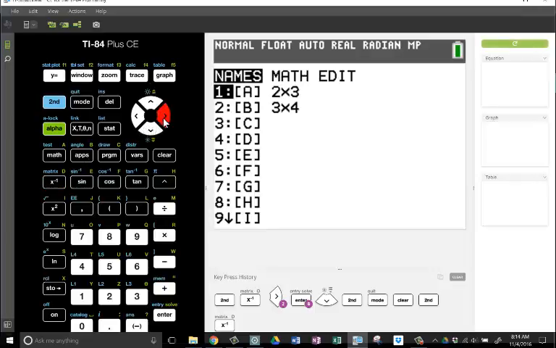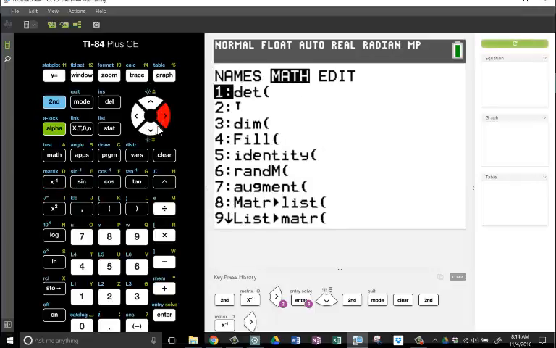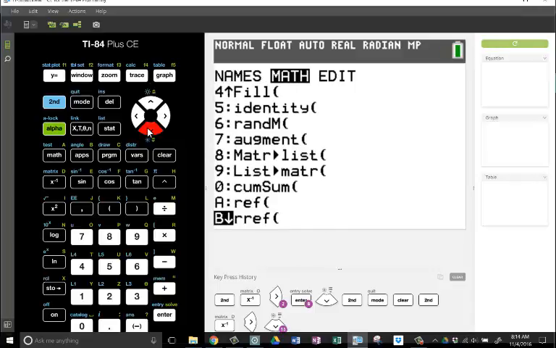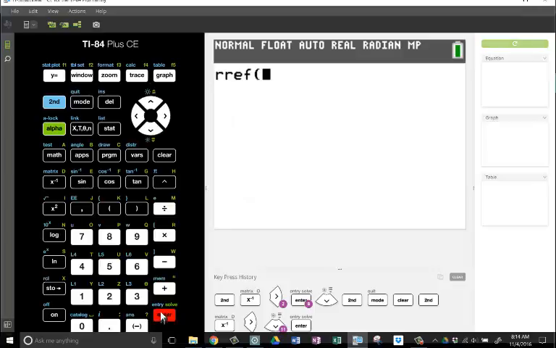Go over to math. Do you remember where it was yesterday? All the way down. And now it's not REF. It's RREF.